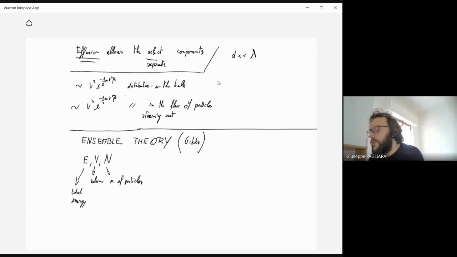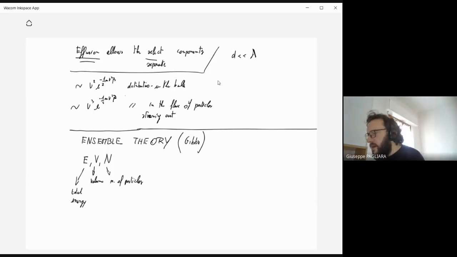E, the total energy, is fixed. It cannot change if there is no energy leakage or source of energy in our system. So you can think about a system which is completely isolated. It has a certain volume, a certain number of particles, and a fixed total energy.